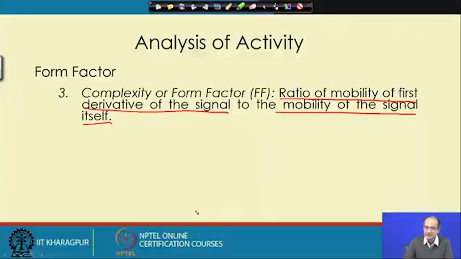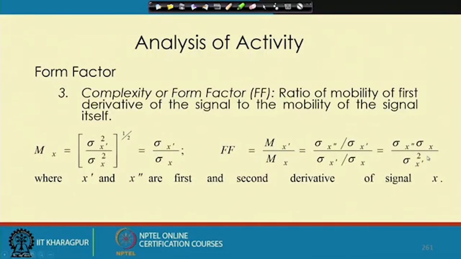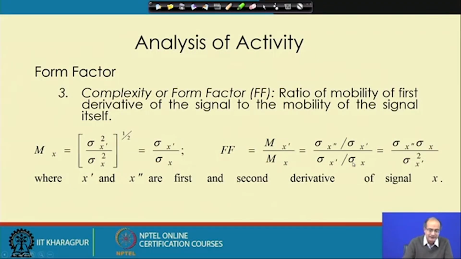So, again, they are taking the derivative to compute the mobility, and it is giving the ratio of the two mobilities. Okay.